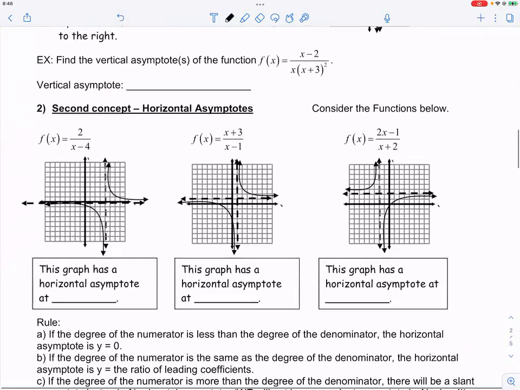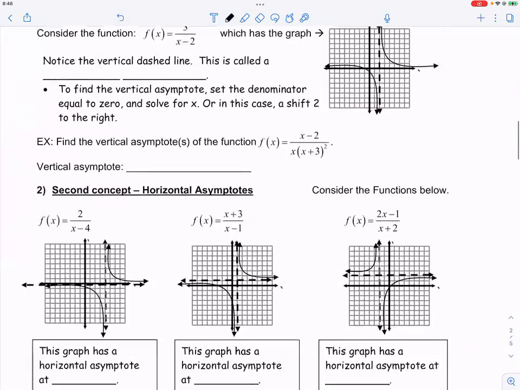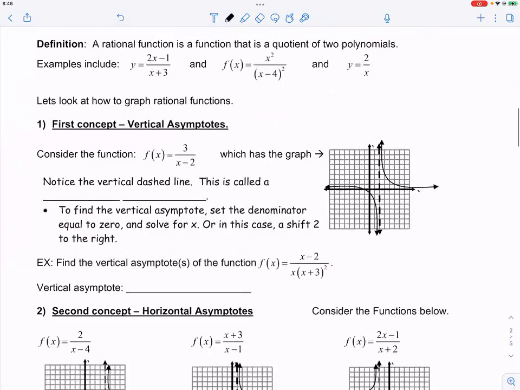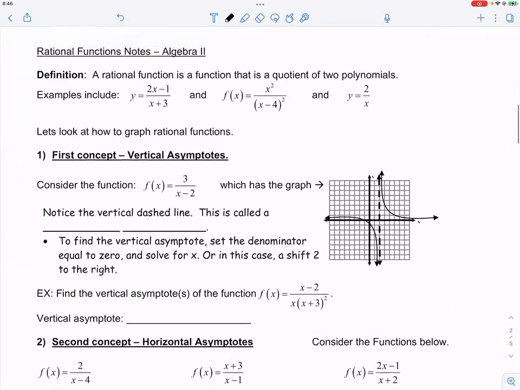So now let's take a look at the first page of your notes. Hopefully, after going through these, you have a better idea of what to do. It's that first concept, vertical asymptote. If you look at the organized chart, vertical asymptote is basically asking for the restriction.